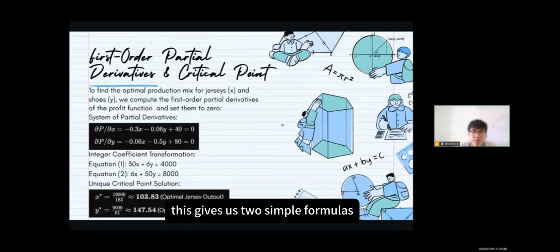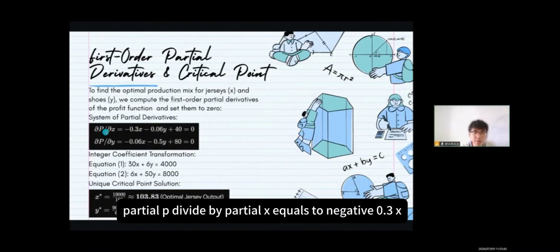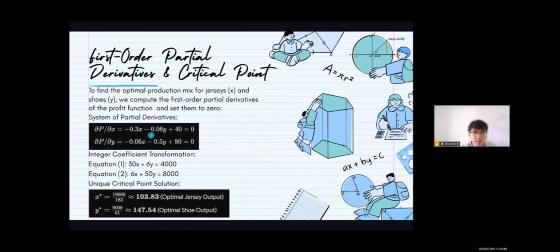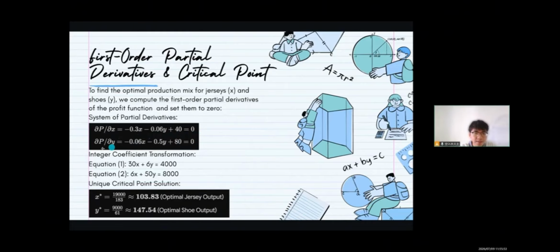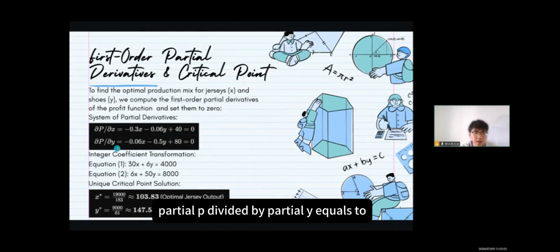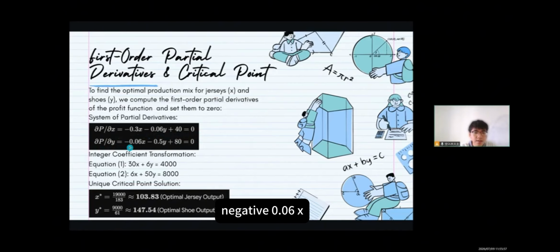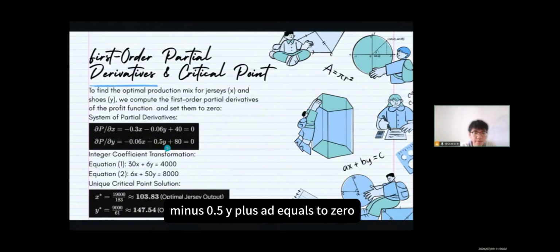This gives us two simple formulas. Partial p divided by partial x equals negative 0.3x minus 0.06y plus 40 equals 0. Partial p divided by partial y equals negative 0.06x minus 0.5y plus 80 equals 0.